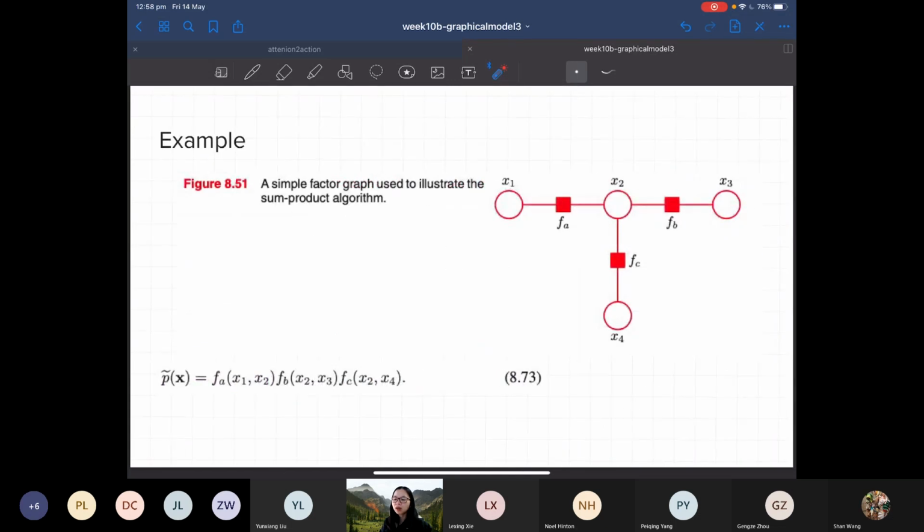Okay, let's look at our simple toy factor graph again. Now we can say that we decompose it in this unnormalized form. Then how do we do message propagation on it, right?